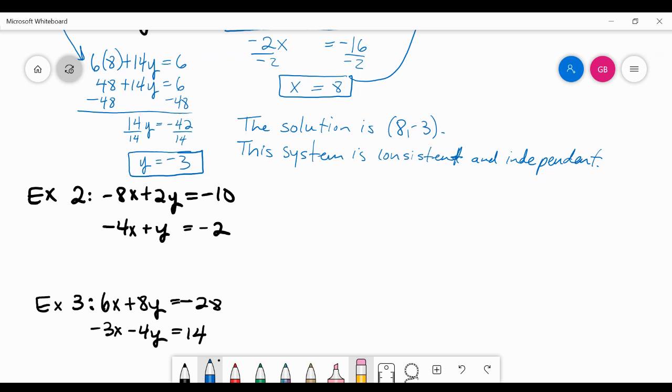I have a positive 2y on top, so I need a negative 2y in the bottom. So to do that, I'm going to multiply everything by negative 2. So now the equation is positive 8x minus 2y is equal to 4. The first one, I just copy it over.